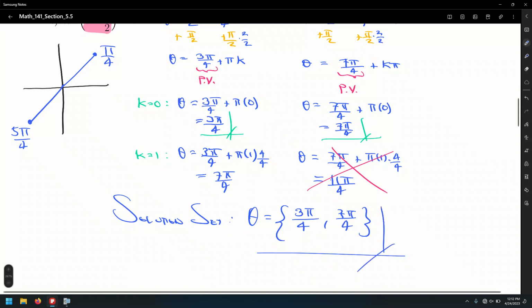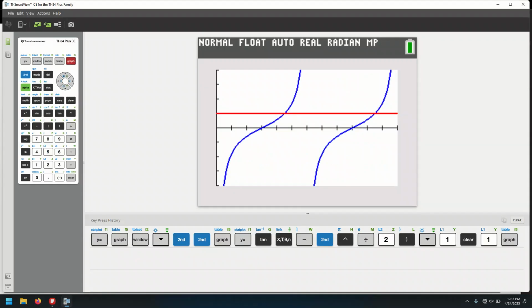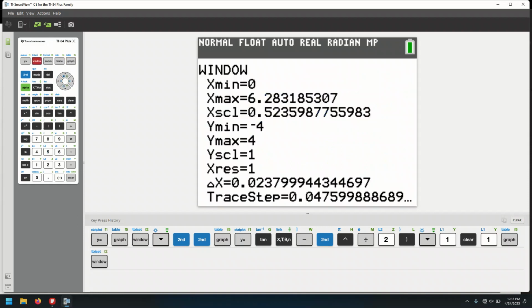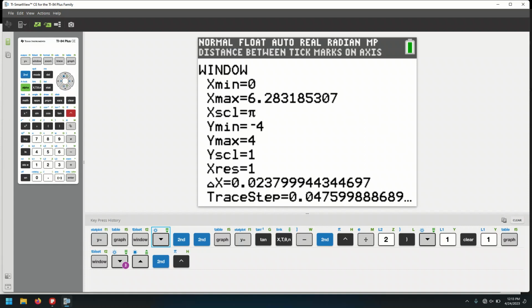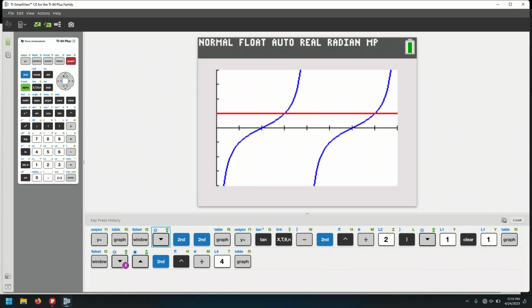Of course, we're going to verify this couple of results using our graphing calculator. All right, so let's see. Let me divide this window into multiples of pi over 4. Okay, and let's click graph. Let's see this first intercept. Each line right here represents a pi over 4, 2 pi over 4, 3 pi over 4.